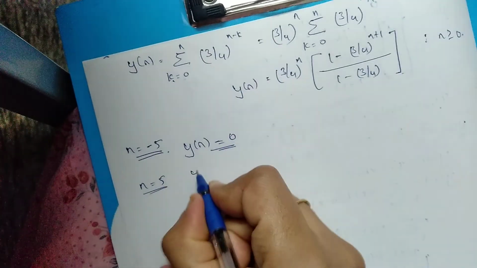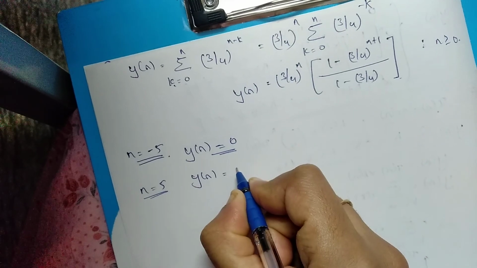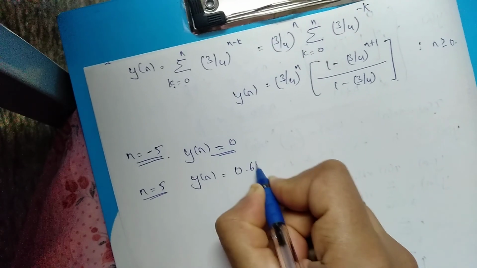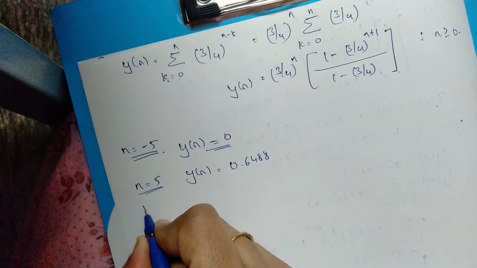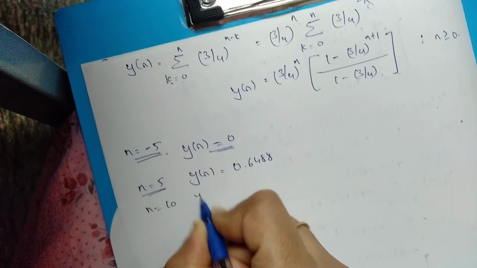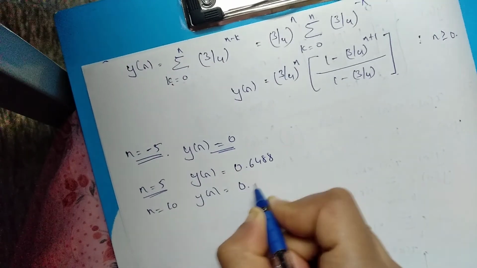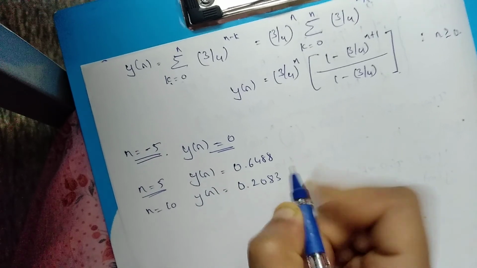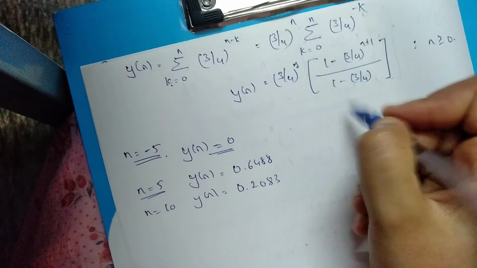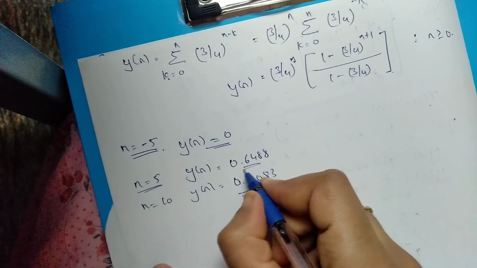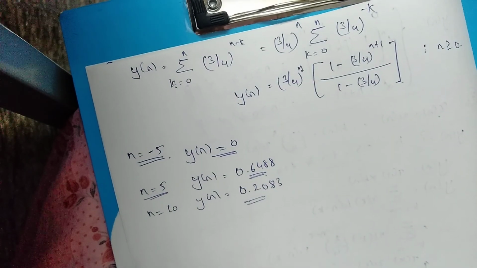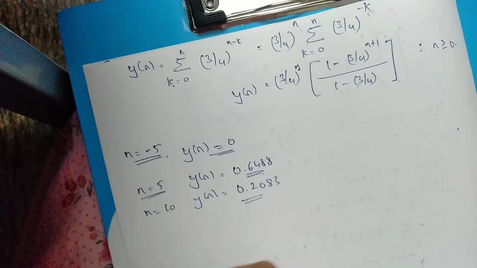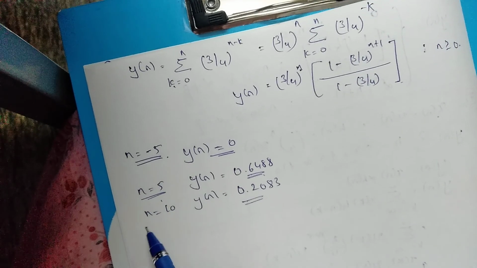If you simplify, you will get y of n as 0.6488. If n is equal to 10, you will get 0.2083. We need to substitute the value of n here and simplify using your calculator. So these will be your y of n values for n equal to minus 5, 5 and 10.